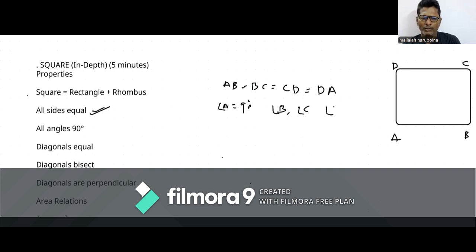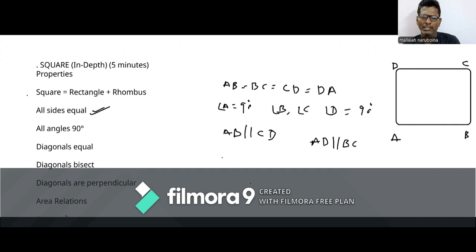Side AB is parallel to CD and side AD is parallel to BC. So we have two pairs of parallel sides in a square. Then diagonals are equal. We have two diagonals, AC and BD.